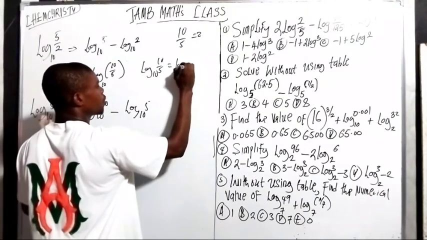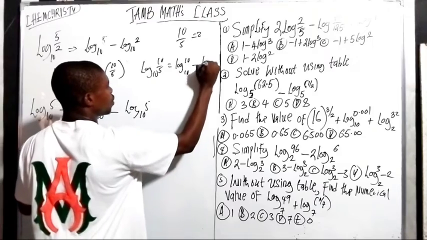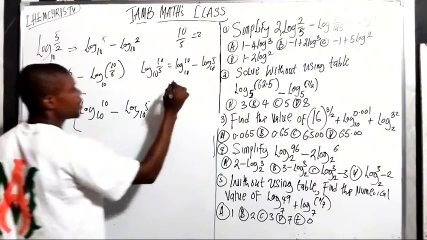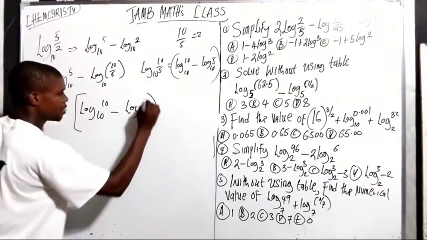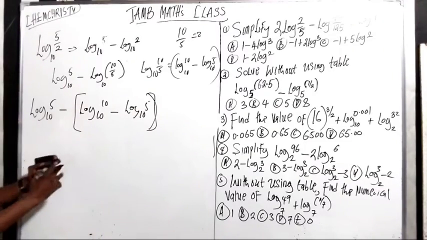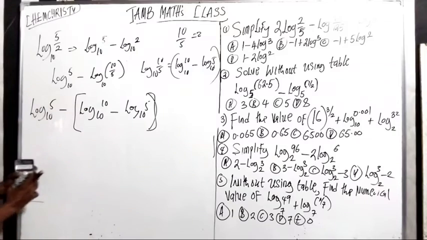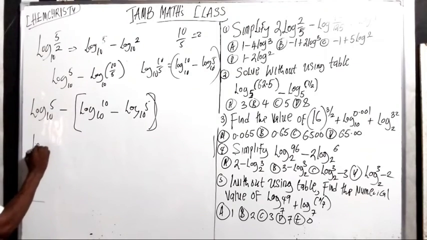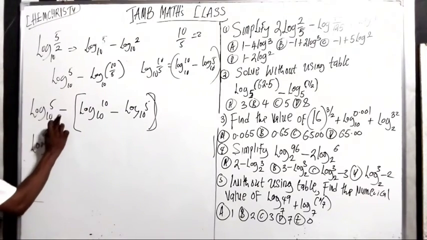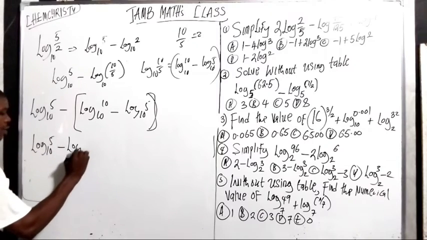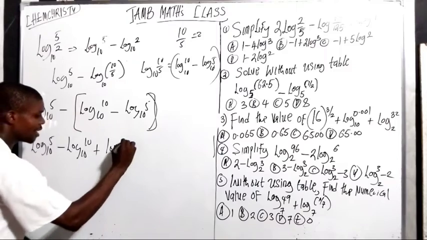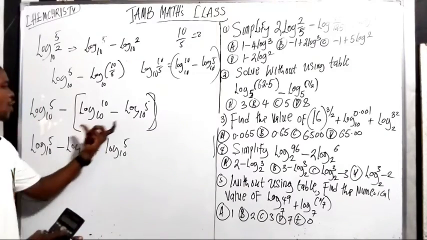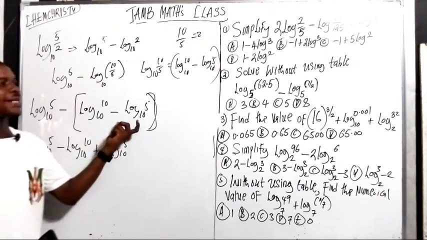So it's going to be log 10 minus log 10 of 5, in brackets to separate it. There must be a bracket here. If you open the brackets, it's going to be log 10 of 5, now minus log 10, and minus times minus is plus log 10 of 5. Do you understand? If you don't put it in a bracket, it's going to affect it.